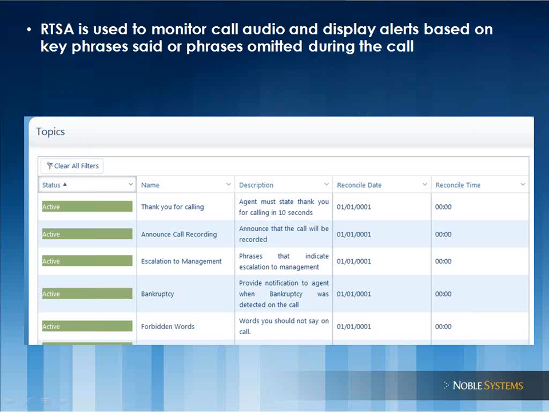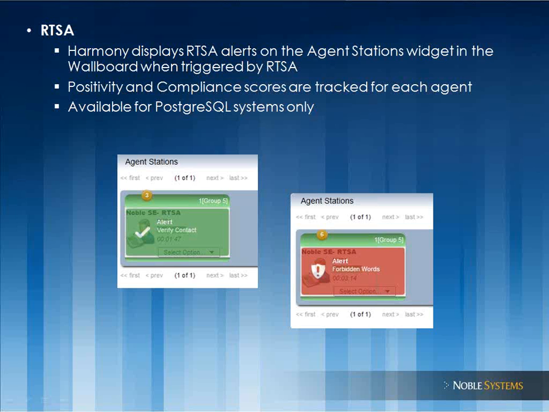So in this example at the top, where the agent says, "Thank you for calling," within the first 10 seconds, they can get a positive alert for their RTSA scorecard, the positive ones on the left. If they maybe used inappropriate language, they would get a red alert for a flag for forbidden words in our RTSA system. Now you can also use Composer to script certain pop-ups and events, change screens, things like that for the Composer agents as well.